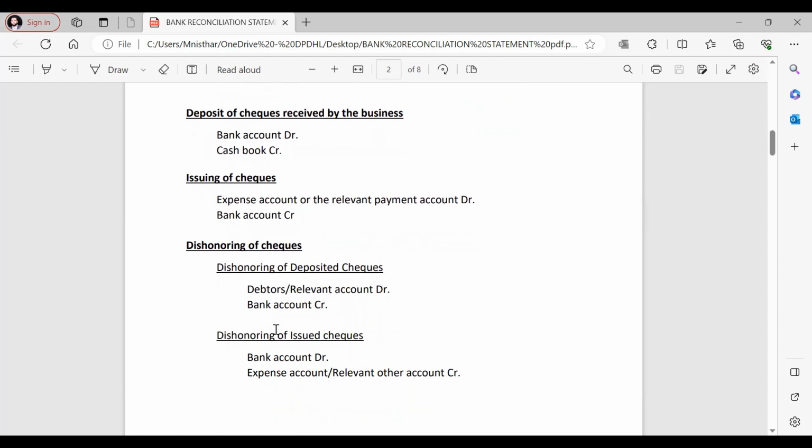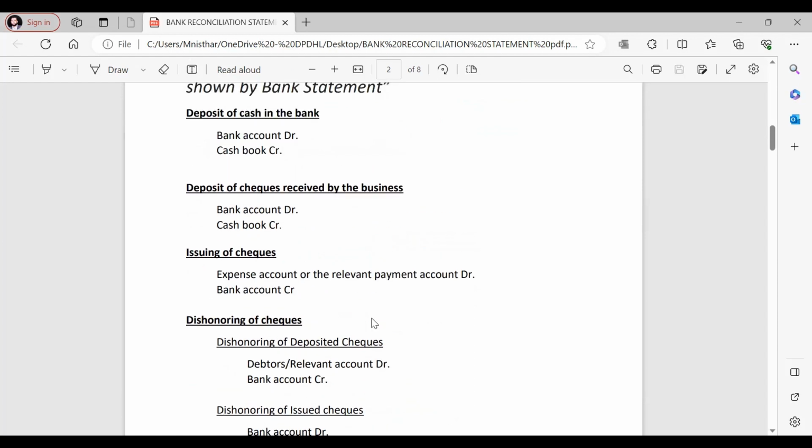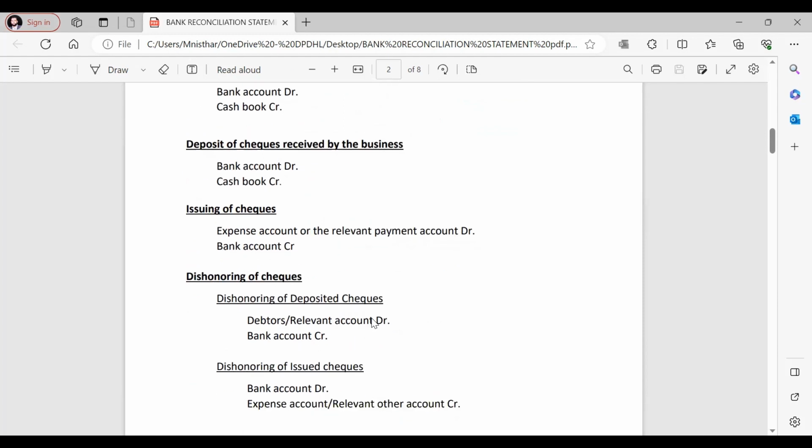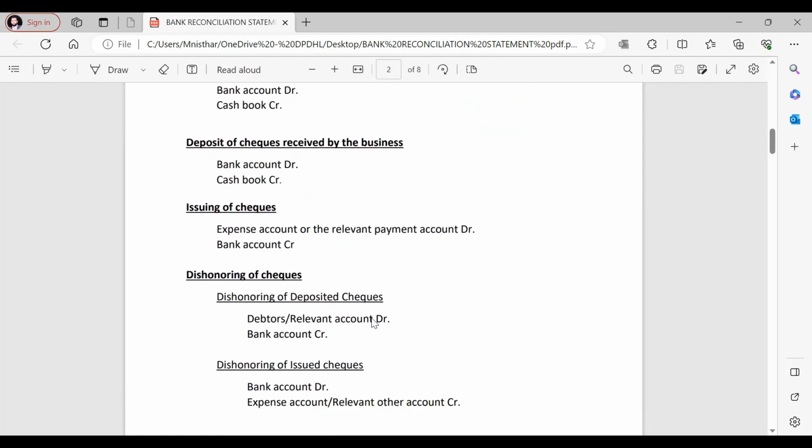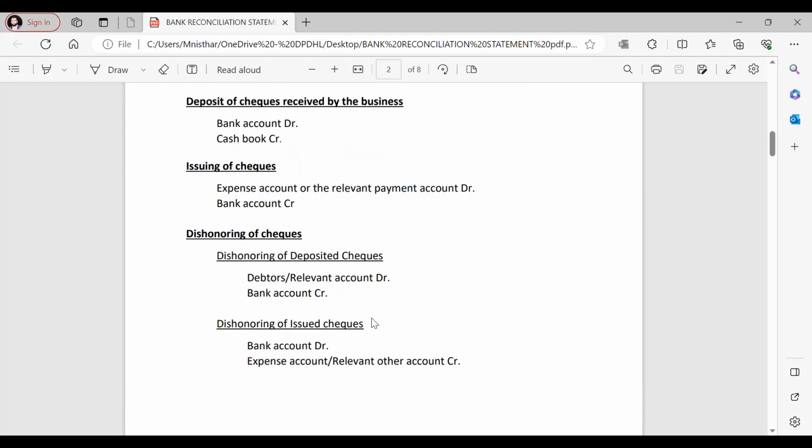You should have a current account, and then only you will maintain a bank account. When you are issuing checks, the money is going from your bank account, so the bank account will be decreased. Then the bank account will be credited, and the expense account or the relevant payment account debited. For example, if you are paying a creditor, then the creditor's account will be debited. Or if you're paying an electricity expense, telephone expense or insurance expense, then the expense account will be debited.